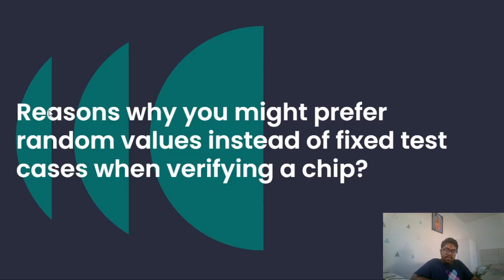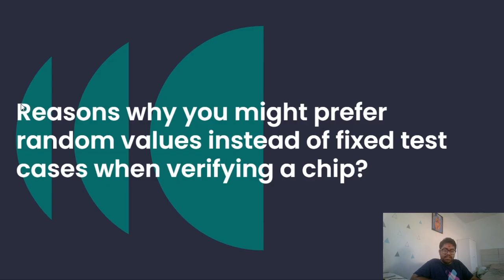Reasons why you might prefer random values instead of fixed test cases when verifying a chip. Randomization is essential in verification because it allows us to automatically generate a wide variety of input scenarios, which helps improve coverage.